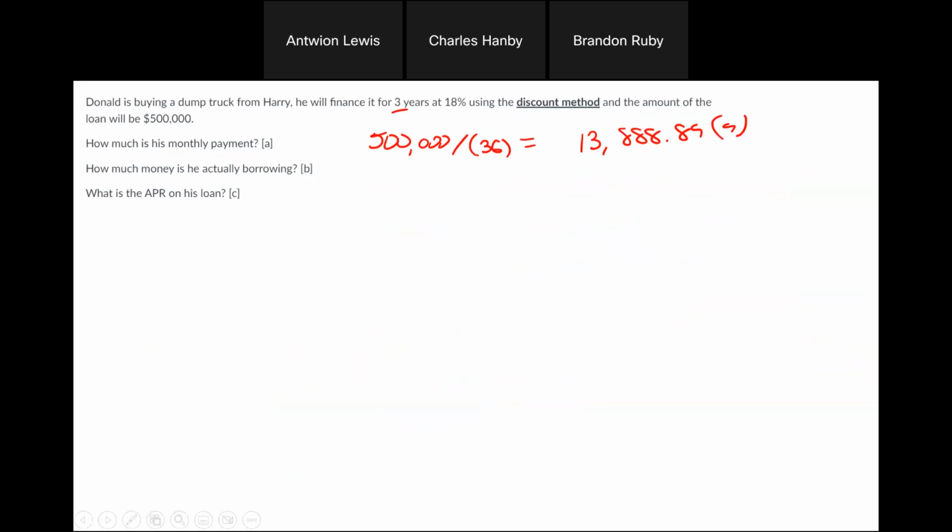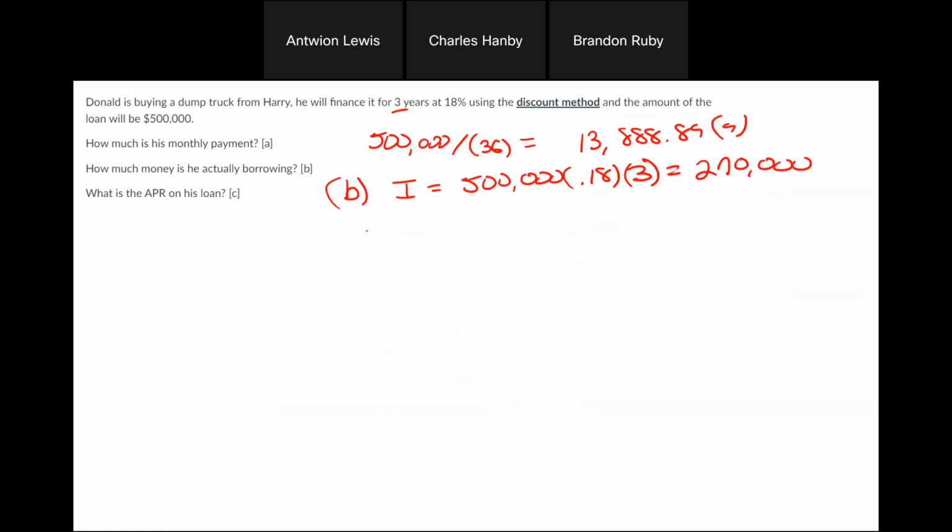So how much is he actually borrowing? So we've got to calculate our interest, and that's principal times rate times time. 500,000 times 0.18 times 3 years is $270,000.